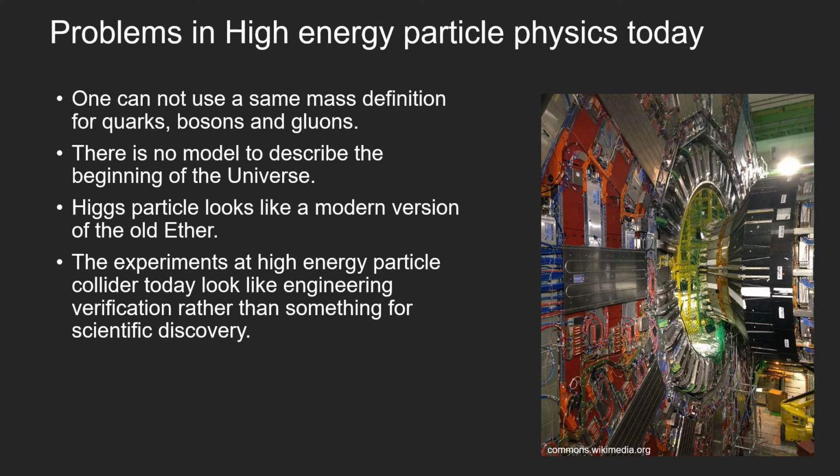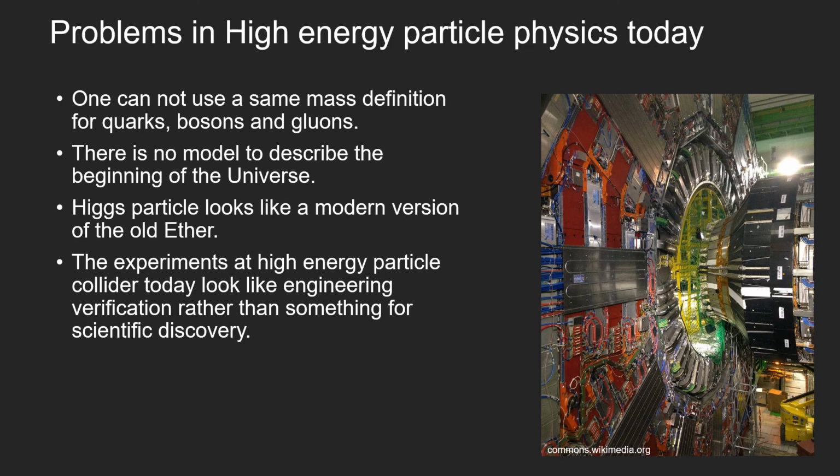In the existing standard model for high-energy particle physics, mass is given to quarks, boson, and gluon via the so-called Higgs mechanism. There were already some open questions about this mechanism, but when the Higgs particle was found in 2012, the discussions disappeared. The physicists even want to build new Higgs particle factories now.